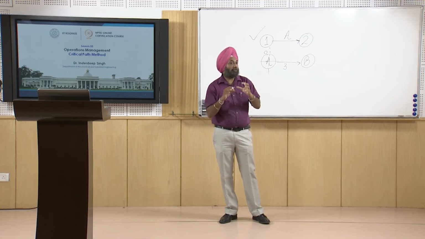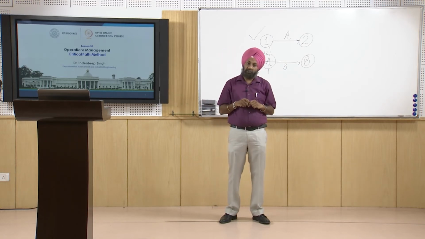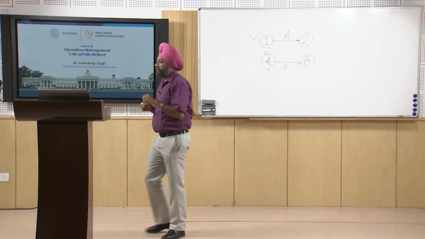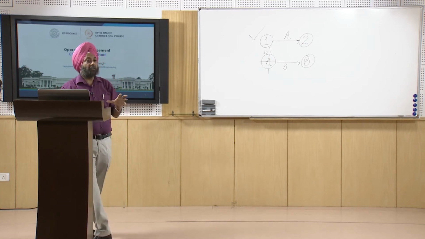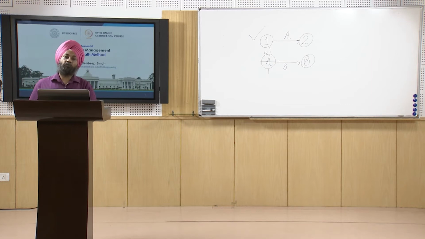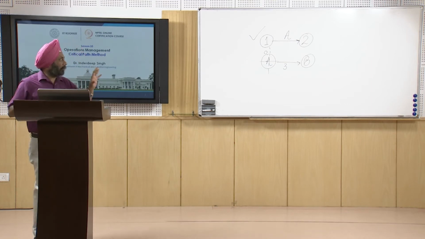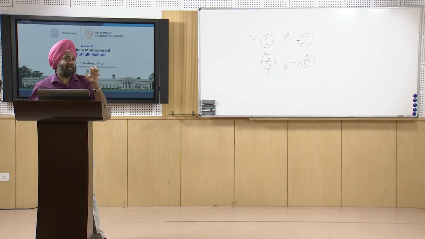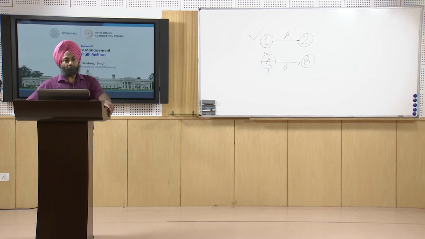Quickly we will go through the presentation and learn how we can calculate the critical path and what it means. Once we know how to calculate, I will explain the decisions that we need to take based on the critical path method.